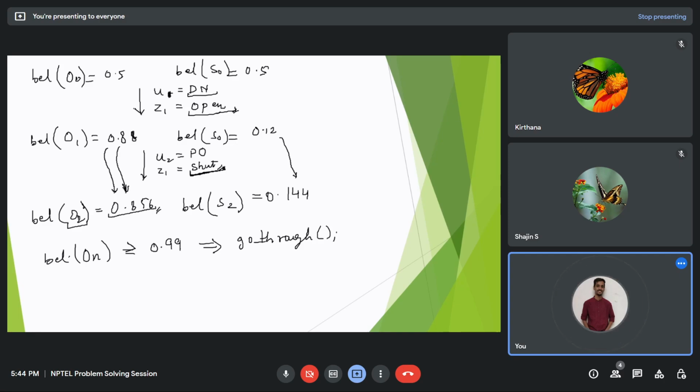So to get to a belief of 0.99, you will have to take multiple such measurements and multiple such actions.